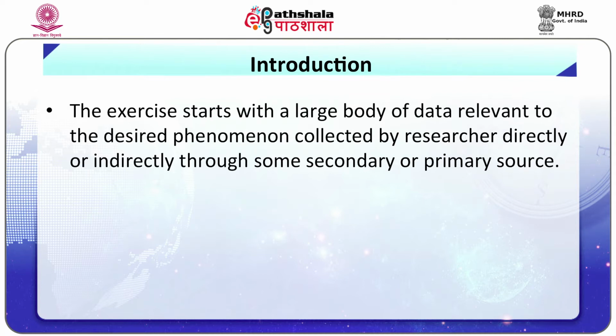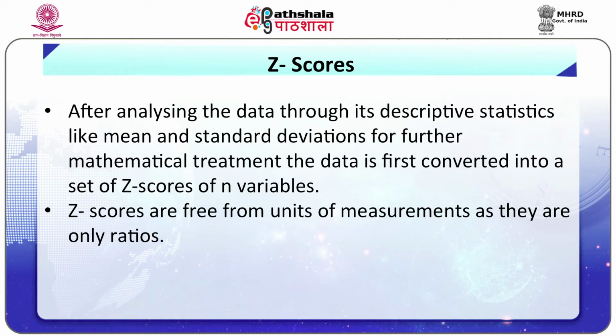The exercise starts with a large body of data relevant to the desired phenomenon, collected by the researcher directly or indirectly through some secondary or primary sources. After analyzing the data through its descriptive statistics like mean and standard deviation, for further mathematical treatment the data is first converted into a set of Z scores of n variables.